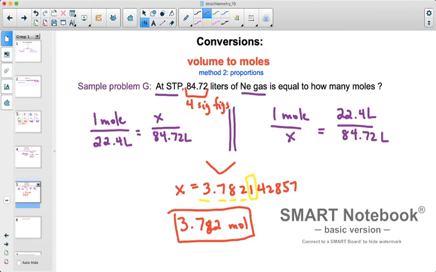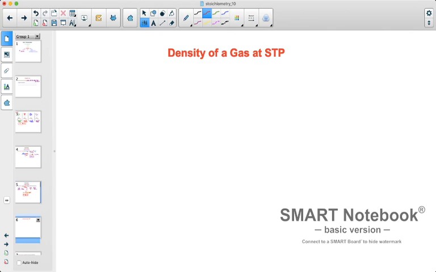All right, now there's one more thing to take in account here. Because of Avogadro's law, we now can determine the density of a gas at STP. And once again, it's important to know that it has to be a gas at STP. The mathematical equation for density is still going to be the same.